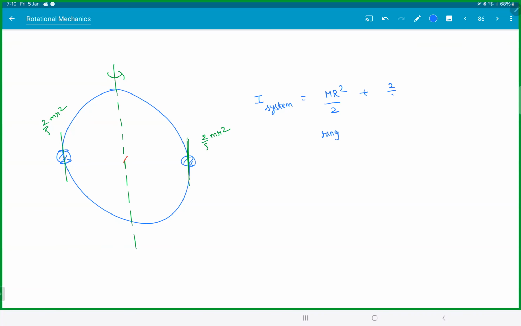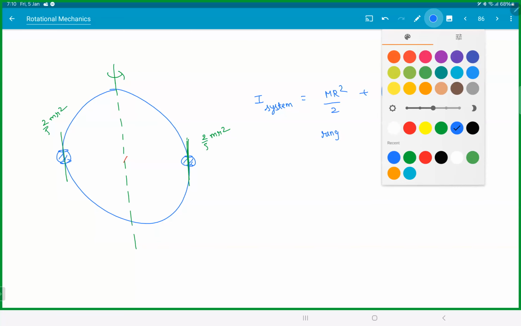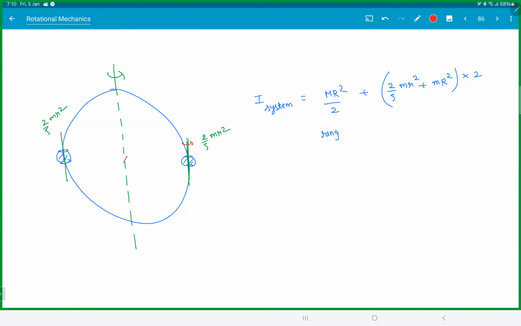Plus 2 by 5 m r square. This is for the bead about its own center of mass. Plus m into capital R square, parallel axis theorem about the center, into 2 times. This is the moment of inertia. Check. What about the other one? The perpendicular one.